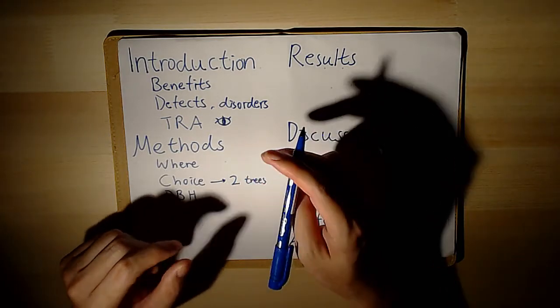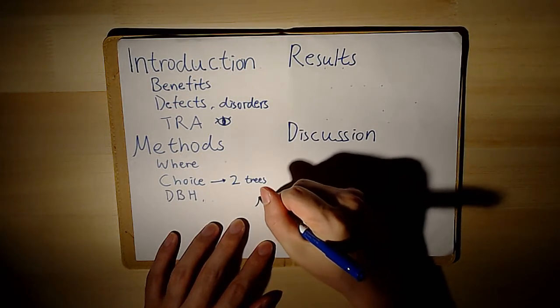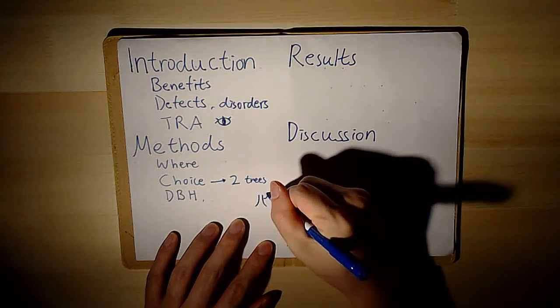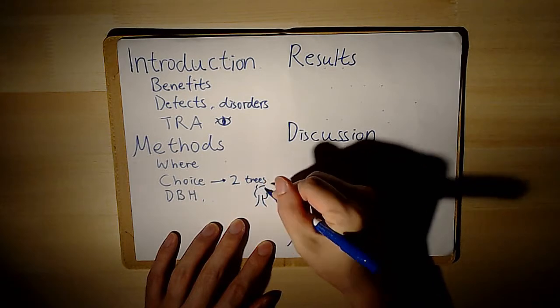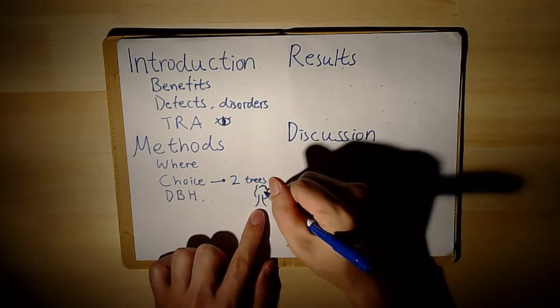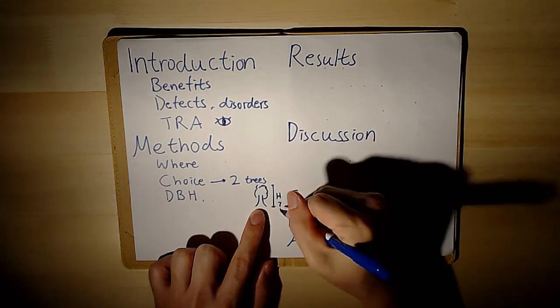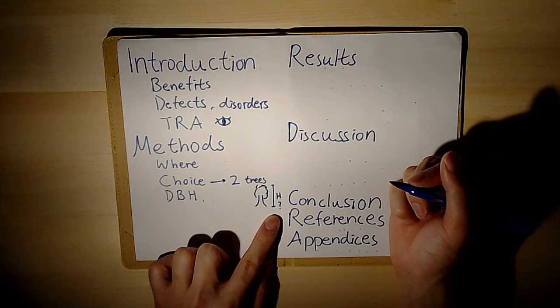Let's say you have a tree here. You do not know the height of the tree, but you want to know it. How do you do?